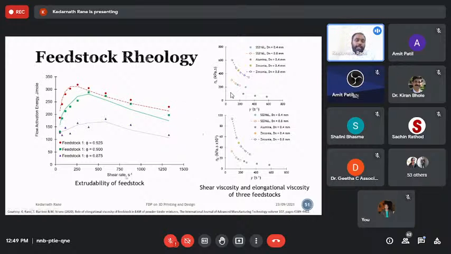But I would like to highlight that when we consider the flow activation energy, it is different for different feedstocks. Why? Because of the solid loading. You can see the flow activation comes much earlier for the highly loaded feedstock, and when you have a lot of binder constituent, the flow activation is not so sharp, and you get it at much higher shear rates.